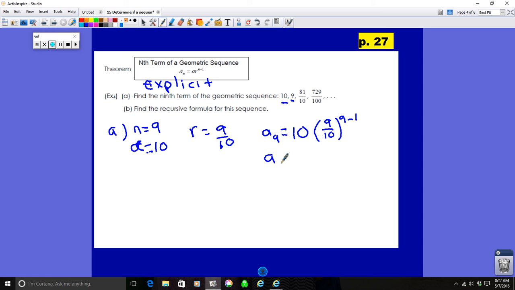So the 9th term is 10 times 9/10 to the 8th power. Remember, in your calculator, you have to do 9/10 or 0.9 to the 8th power first, and then you're going to multiply that by 10.